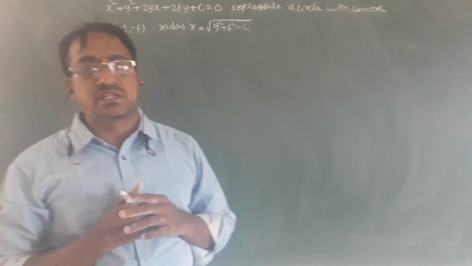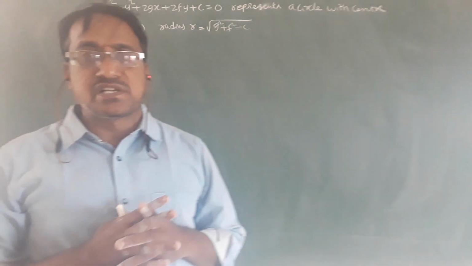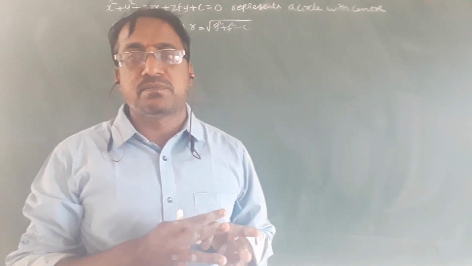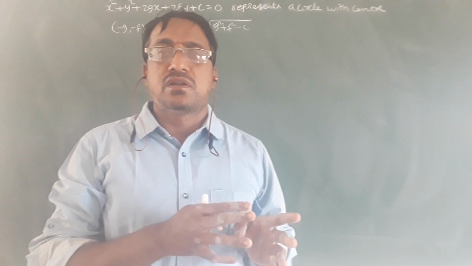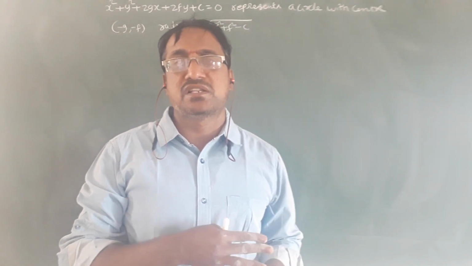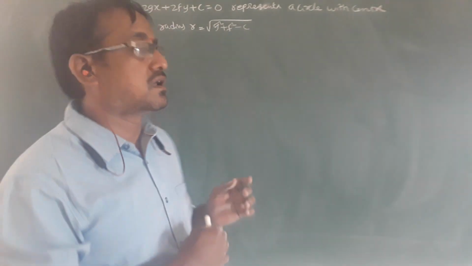Very important theorem. Thus the equation x square plus y square plus 2gx plus 2fy plus c equal to 0 represents a circle with the center (minus g, minus f) and radius r given like this.